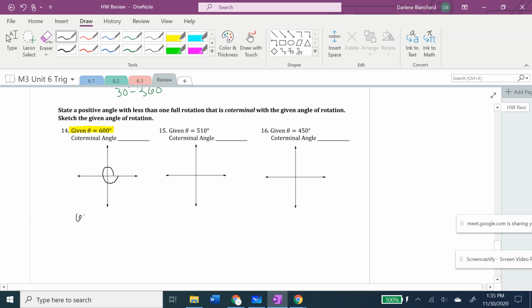To find out how much further, subtract 360 degrees. And what number does that give you? 240. There we go. 240.